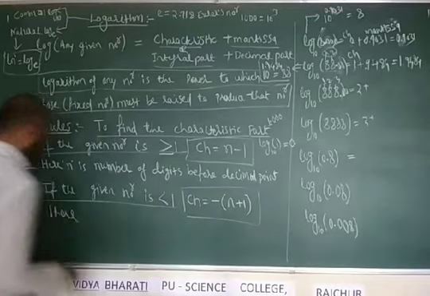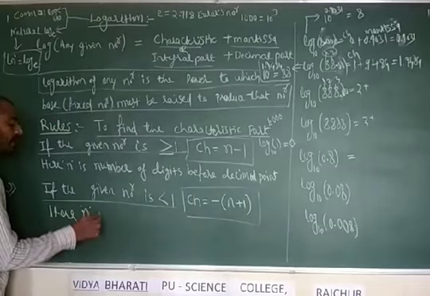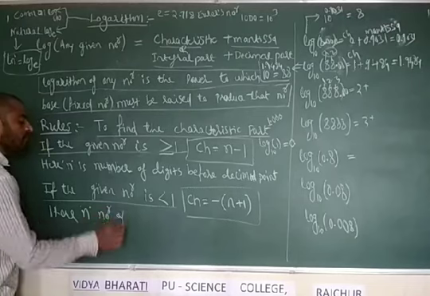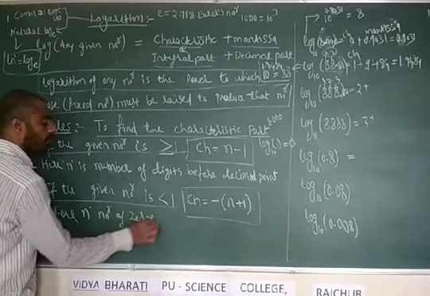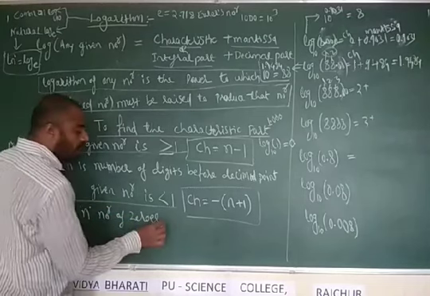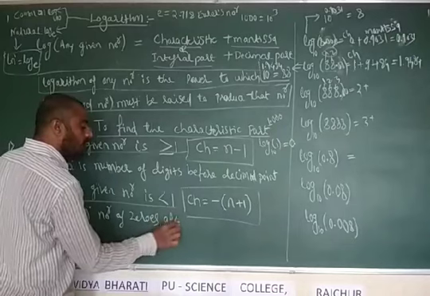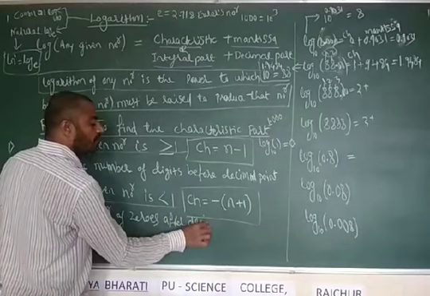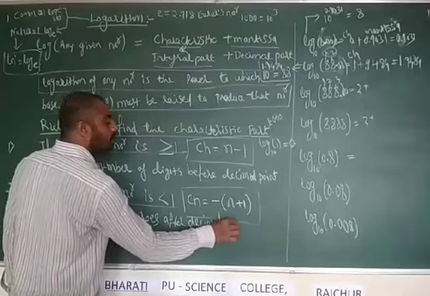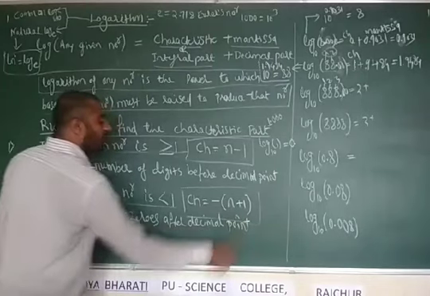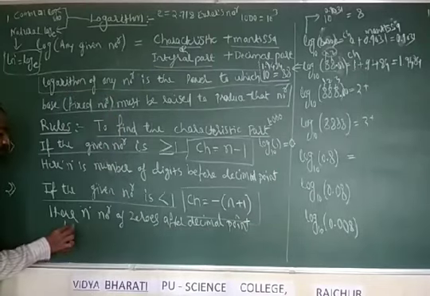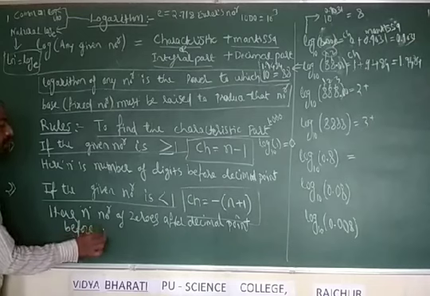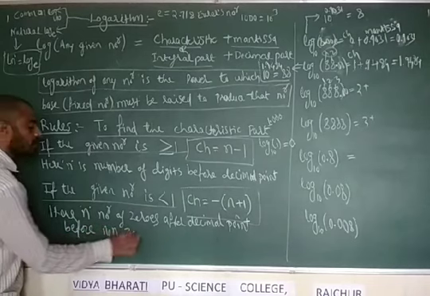Here what is n? Here n is the number of zeros after the decimal point and before the non-zero digit.